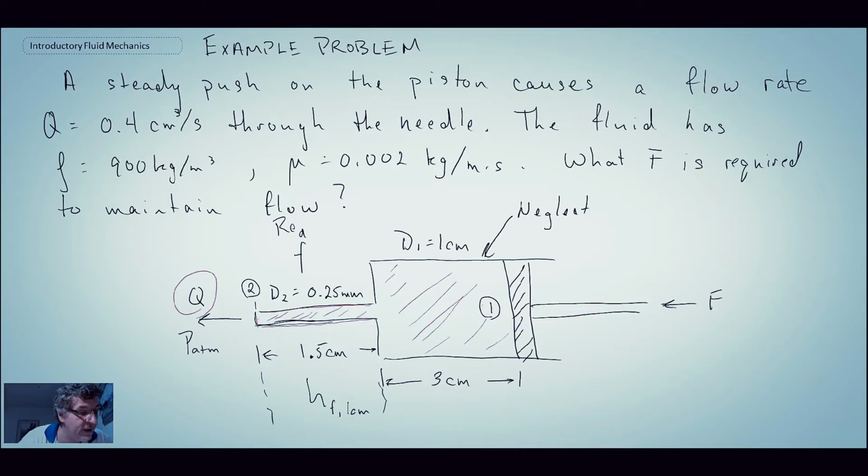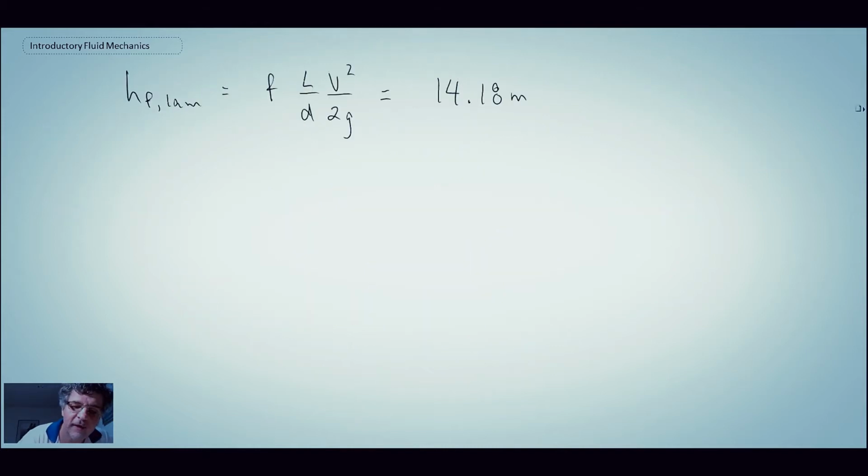And so we'll neglect head loss here. The rationalization for that is the diameter is quite a bit larger than it is in the needle, and consequently the velocity is going to be very low, and consequently the head loss in that section will be quite small.